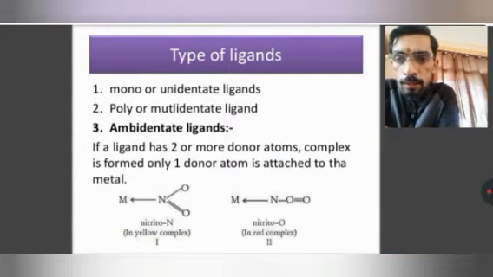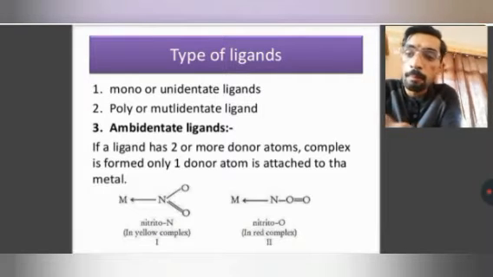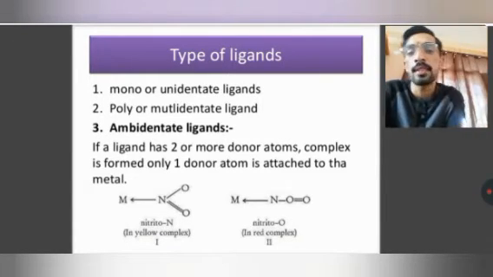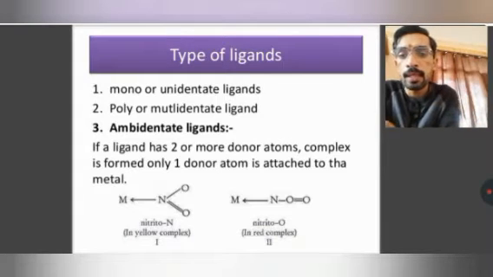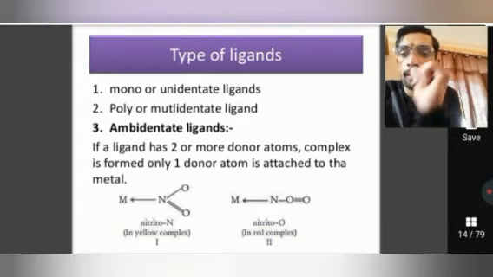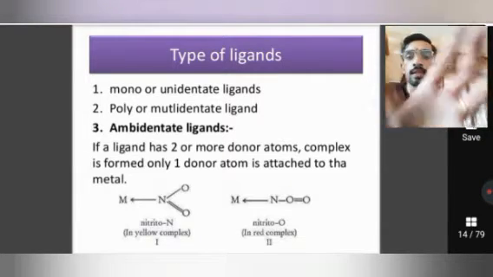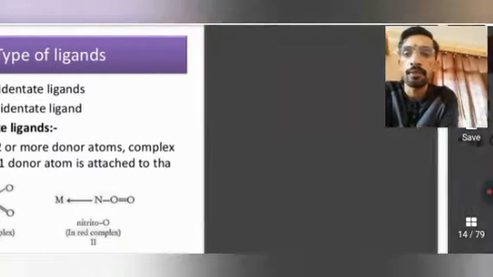In the first case, the metal is attached with nitrogen. In the second case, the metal is also attached with nitrogen. But in the first case, the nitrogen is attached directly with 2 oxygens. Whereas in the second case, nitrogen is attached directly with 1 oxygen and the other oxygen is attached to the second oxygen. So this gives a yellow color, this gives a red color. This is called nitro N, this is called nitrito O. Because of this, the ligands are different.